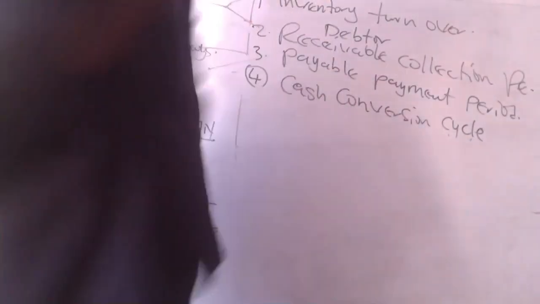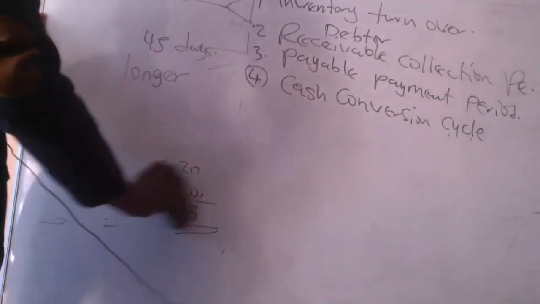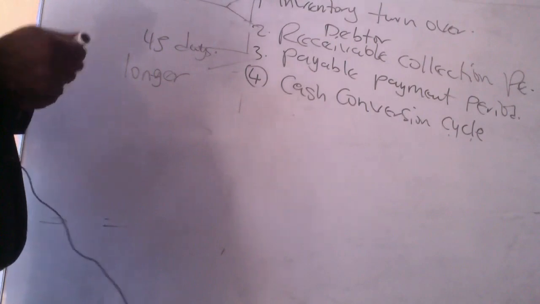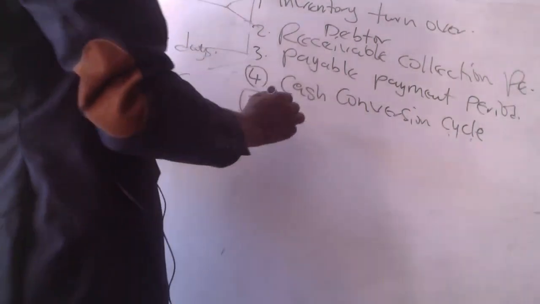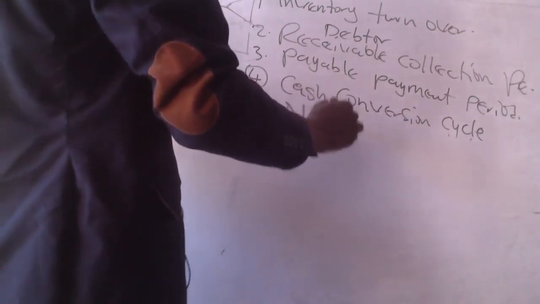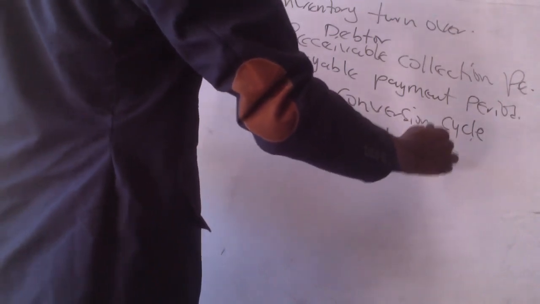Good. So now the next ratio that I will talk about will be the turnover. So net asset turnover. Net asset turnover.